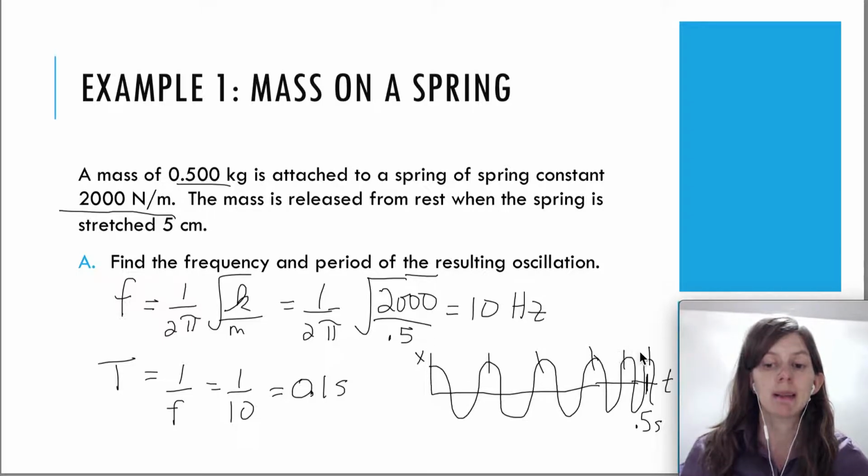So 10 cycles would take 1 second, so 5 cycles take half a second. So can you see the period is the time for one complete cycle? Well, this must be 0.1, 0.2, 0.3, 0.4. So it's just good to visualize and see, okay, well, one cycle, that's the period, is 0.1 second. So you can see that inverse relation between frequency and period.